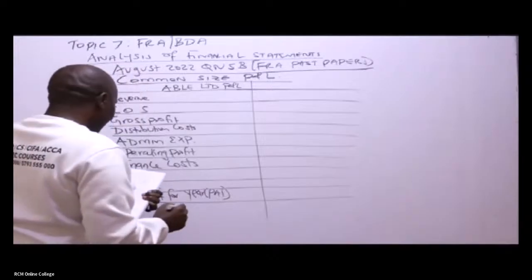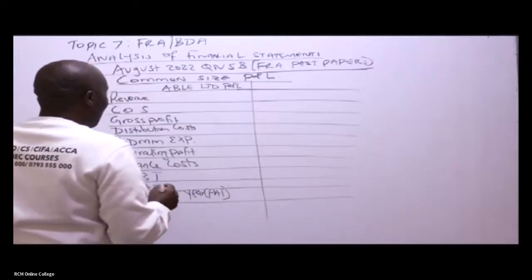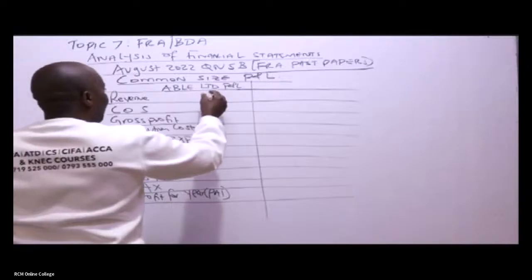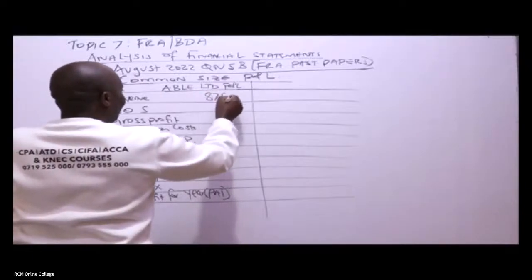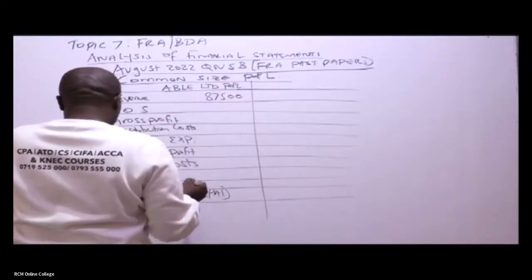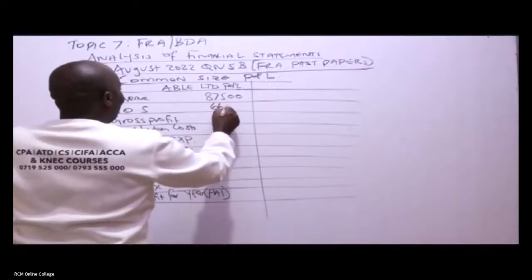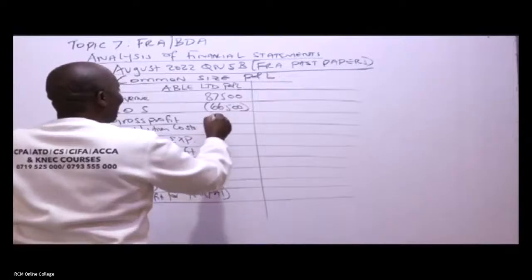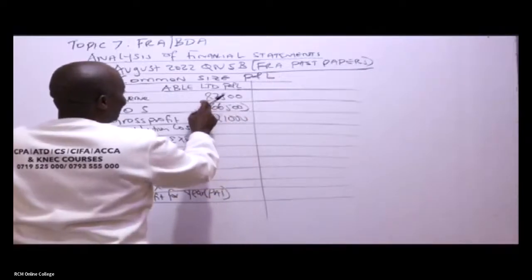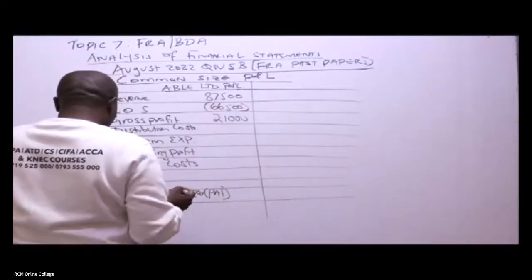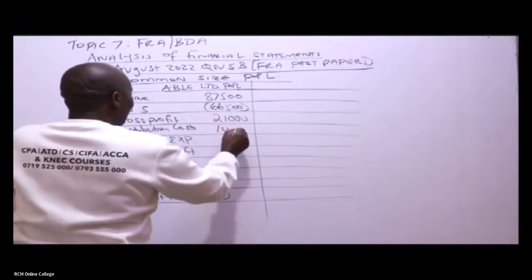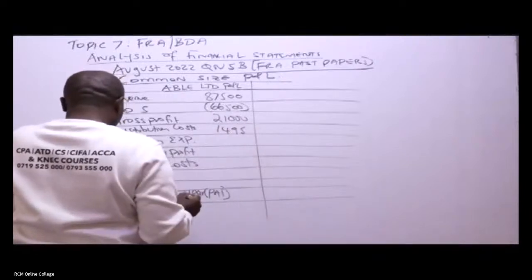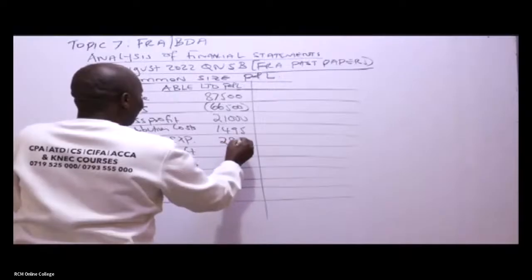So then we have our revenue for ABO in shillings thousands. I can see 87,500. I can see 66,500. BDA students are not copying anything. BDA, you already have the question paper. 21,000. This minus this gives me 21,000. Then I can see 1495, 2880.